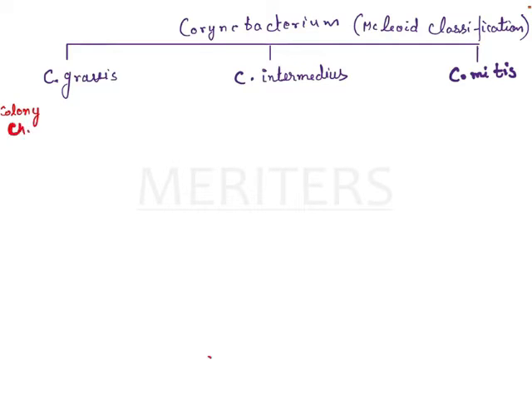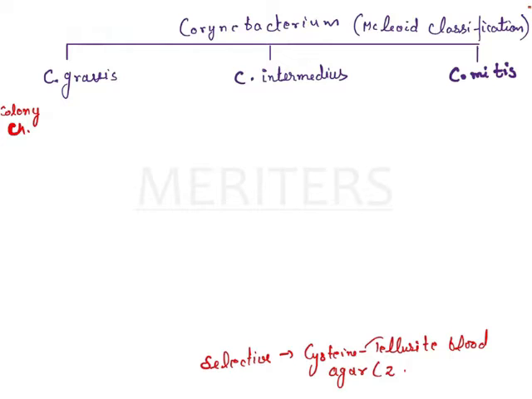If you incubate these bacteria on the selective medium, what is the selective medium for these? Very important question again. The selective medium is cysteine tellurite blood agar, and they generally grow in 2 days.